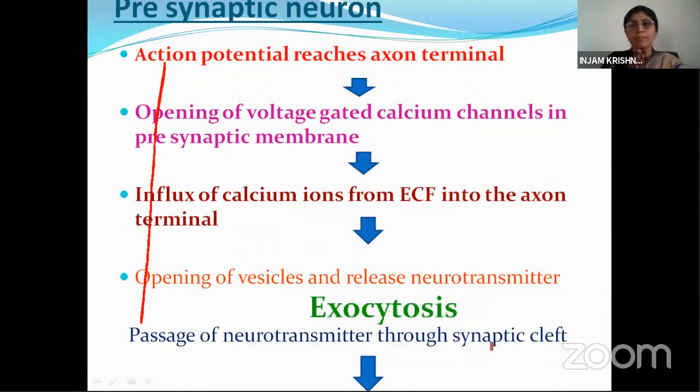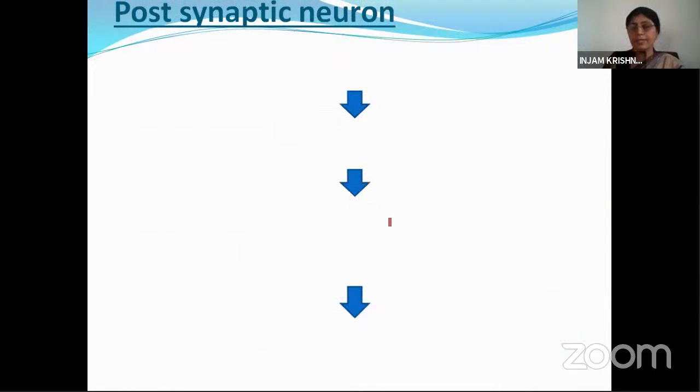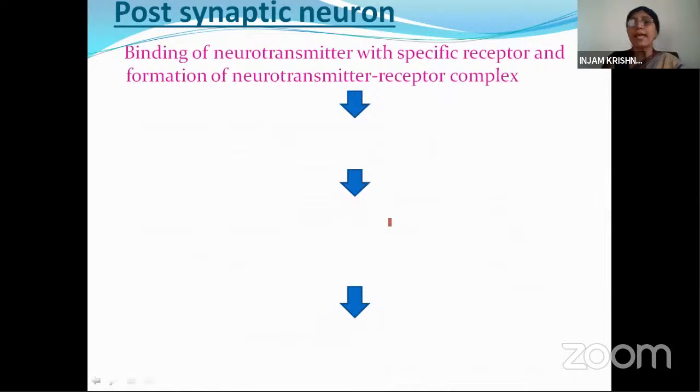Now the neurotransmitter is located in the synaptic cleft. After that, what will happen? It has to reach the post-synaptic neuron, isn't it? See, the post-synaptic neuron. What actions take place there? Binding of neurotransmitter with a specific receptor.